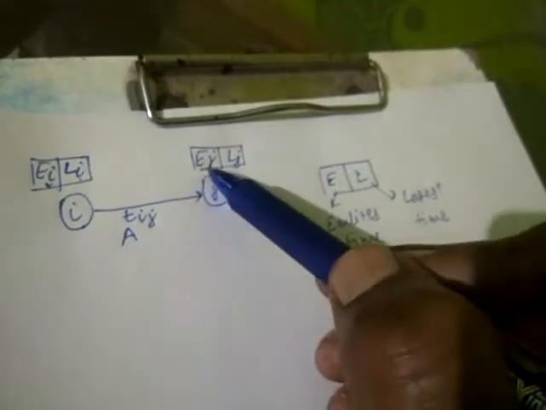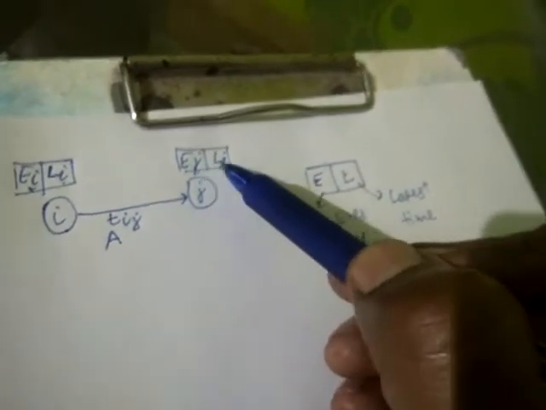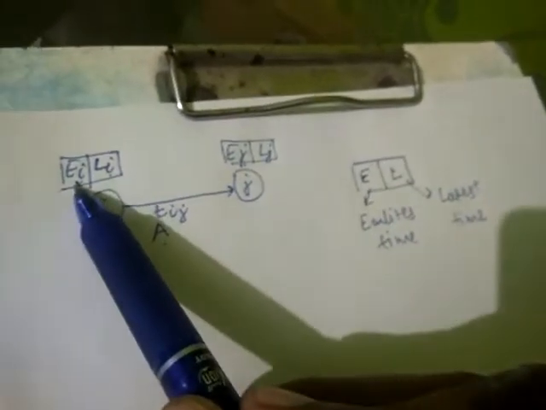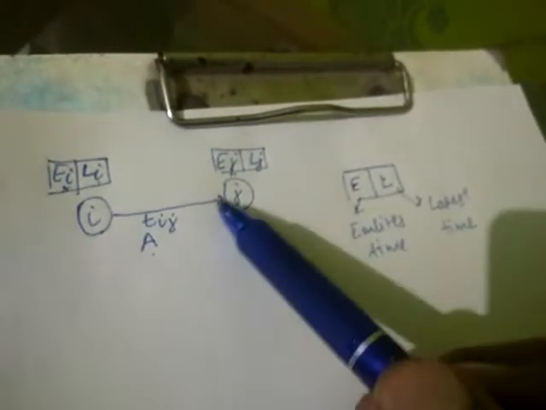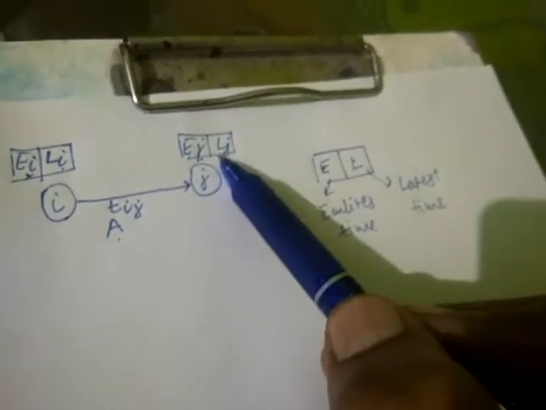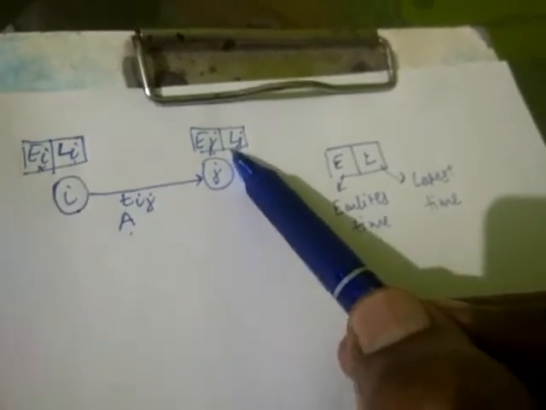For example, you can say that this is the activity A. So this is the earliest start time of A and this is the latest start time of A. This is the earliest finish time of A and this is the latest finish time of A.